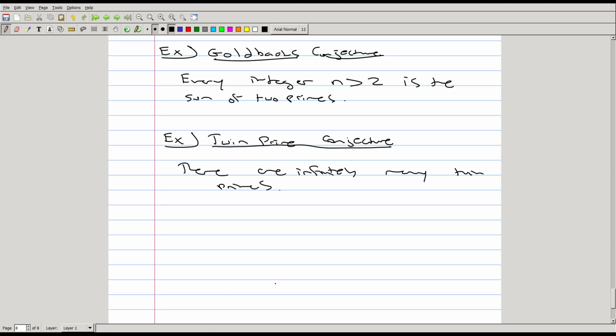And this has been verified for a large number of twin primes, but it actually leads to a slightly weaker conjecture known as the bounded gap conjecture, which asserts that there's an integer n for which there will be infinitely many primes that are a gap of length n away from each other.